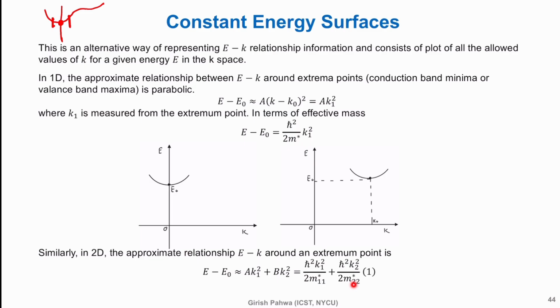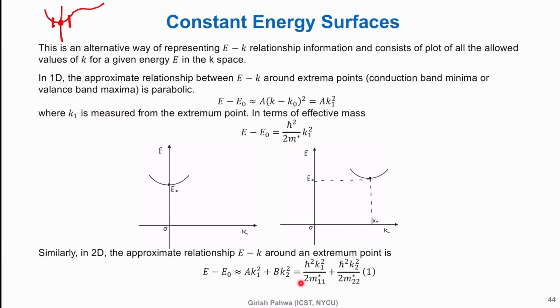They can be calculated by taking the second order derivative of energy with respect to K1 and K2. So del 2 E by del K1 square gives you m11, and similarly del 2 E by del K2 square gives you m22. Got it? So you have different curvatures in different directions. In 1D you can very easily see the curvature, but in 2D the curvature may be different in different directions.